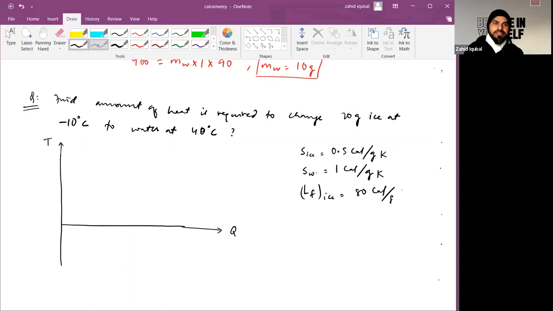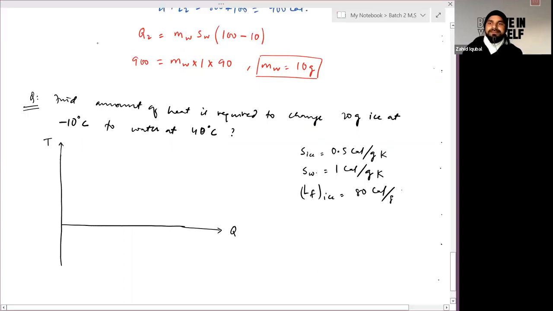So Myra, just tell me how to calculate this part. First, we have ice at minus 10 degrees Celsius, so it will be at this point. On heating, how will it change?